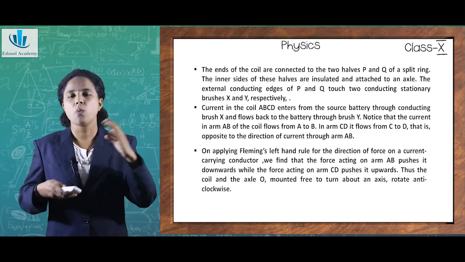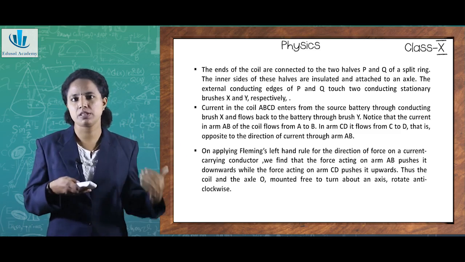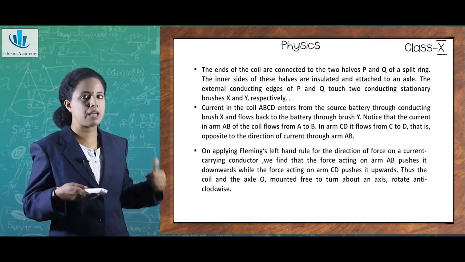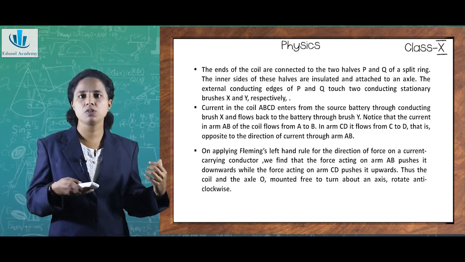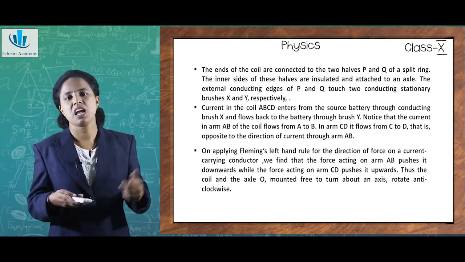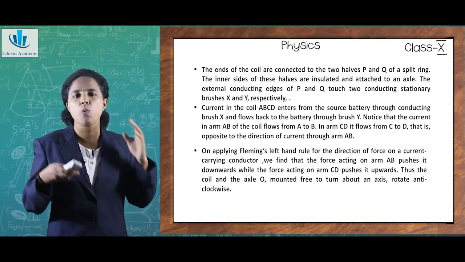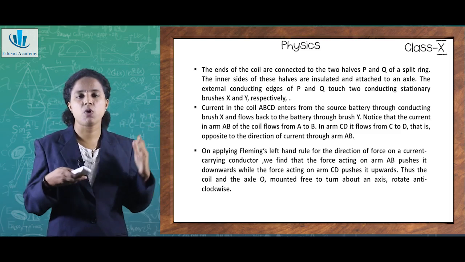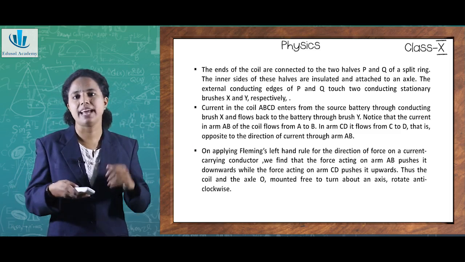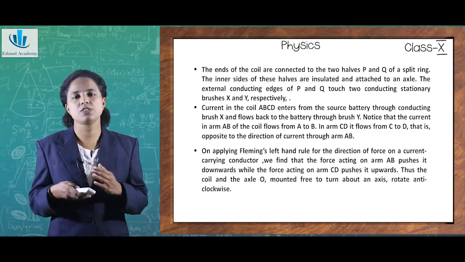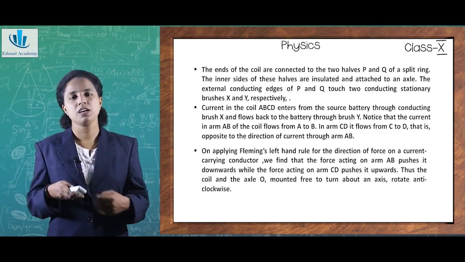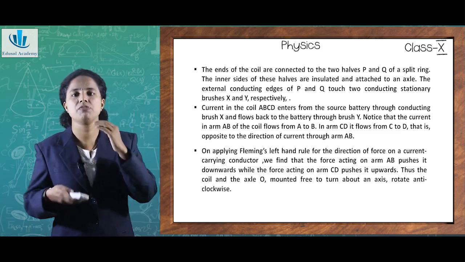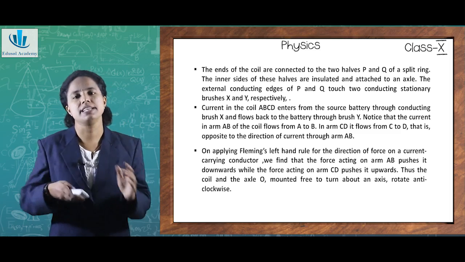Once the current starts flowing from the source battery, in the arm AB of the coil, the current flows from A to B. Whereas in the arm CD, what is the direction? It is in the opposite direction, flowing from C to D, opposite to the direction of current through arm AB.